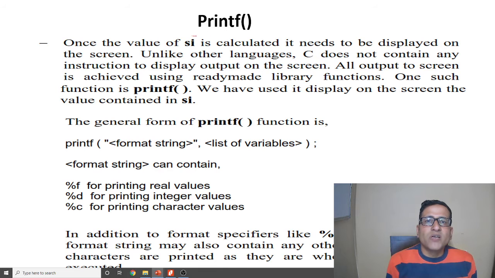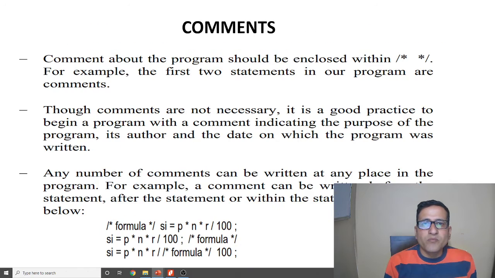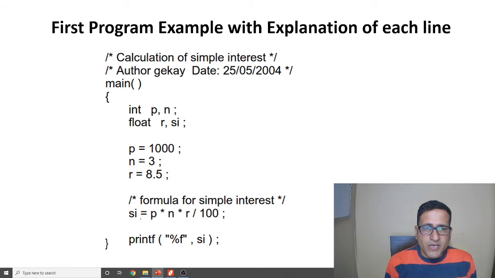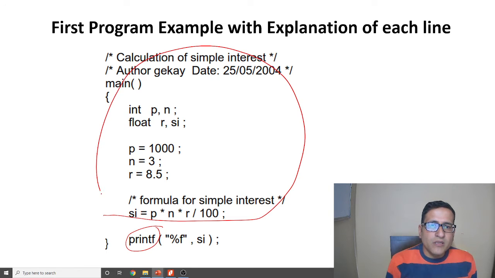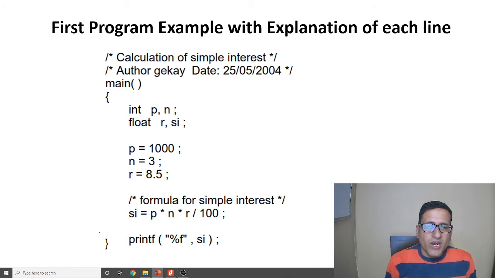Next is what printf is. In the program we can see what this is. This part we have covered. Now we have to check what printf is and why we write it like this.